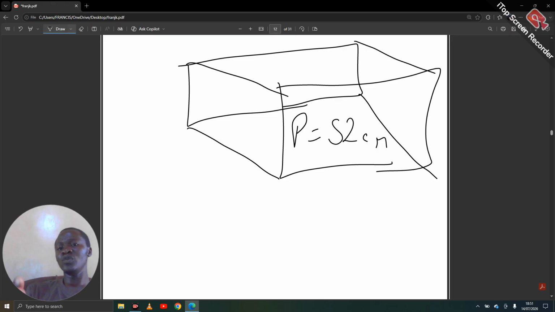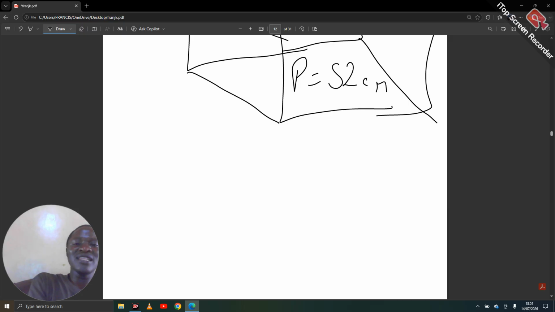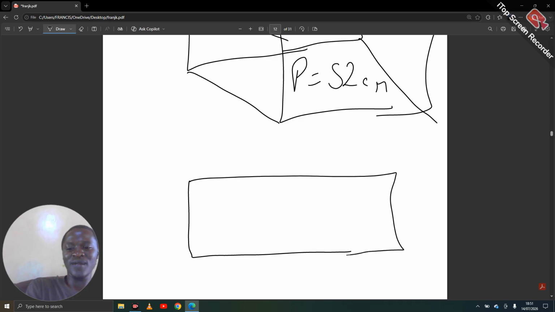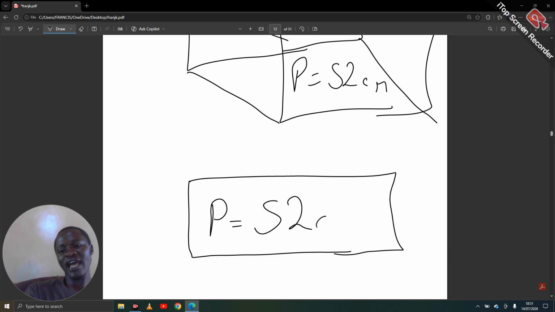I can see 1, 2, 3, 4, 5, 6 rectangles making up this prism. Now, only a section, just one. If you have a box, just cut it. Just one cross section, this one. Its perimeter is the one that has been provided.